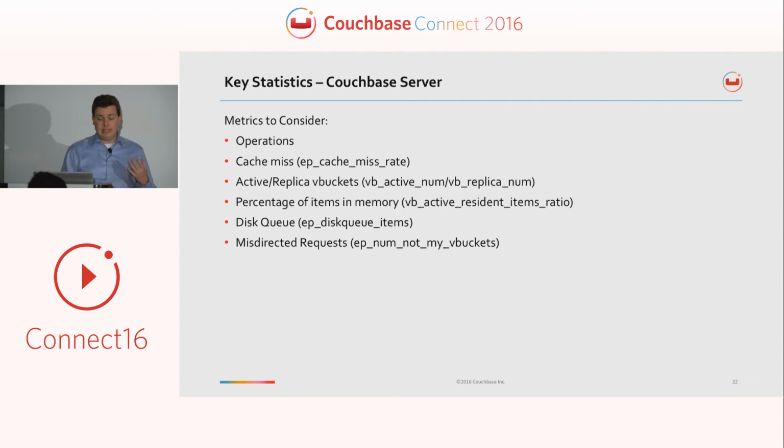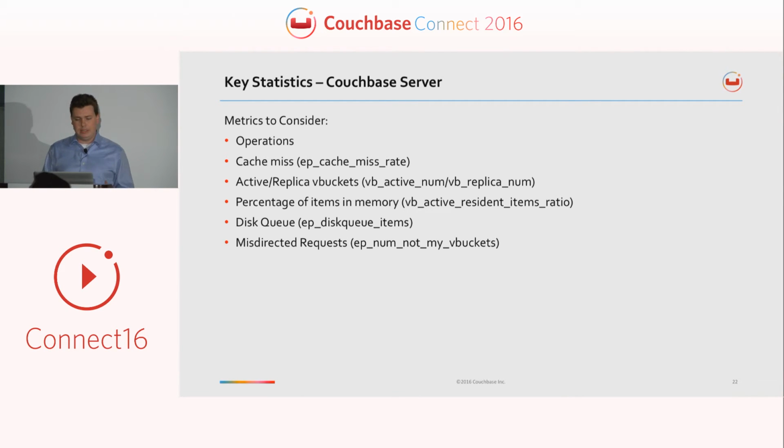One key thing to keep in mind is that if you've got multiple client applications calling the one Couchbase bucket, that cache miss rate becomes not unreliable, but potentially misleading. It's generally better to look at that metric from the client side, because hitting or missing the cache is now more of a client-side concern than a server-side concern.